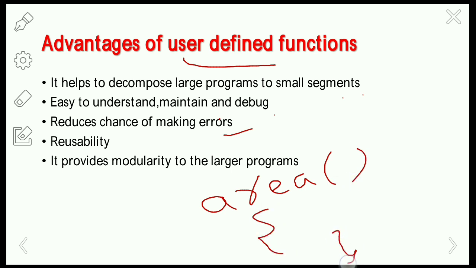In the area function we have the set of statements to calculate the area of the rectangle. In this program or in other programs, if you want to calculate the area of a rectangle, you can simply use this function, which increases the reusability.